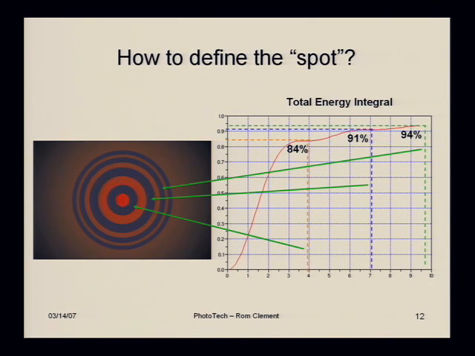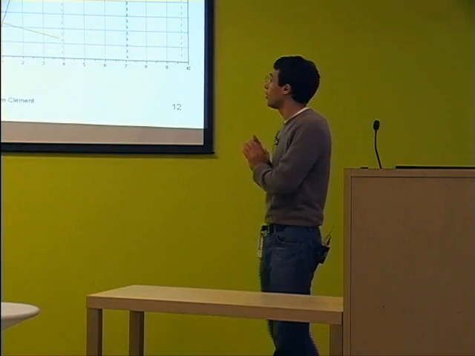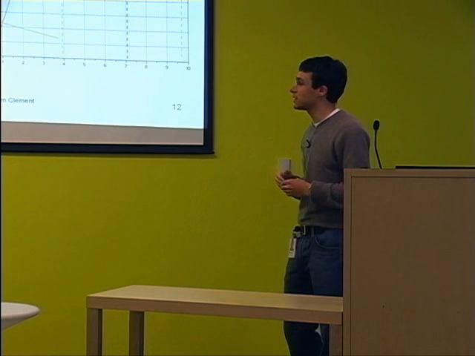This is a problem because, for instance, let's assume we were using a telescope and looking at a star, which can be nearly considered a perfect point source. Instead of having a perfect tiny spot in my focal plane, I have this profile of intensity.